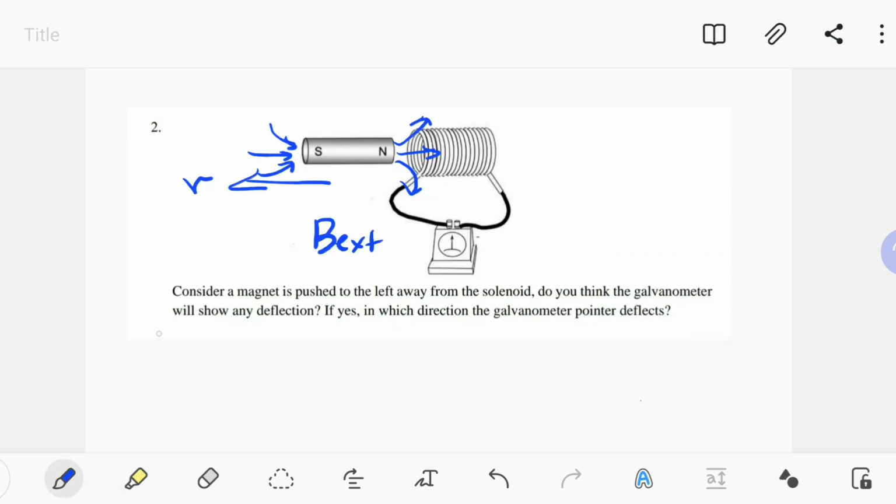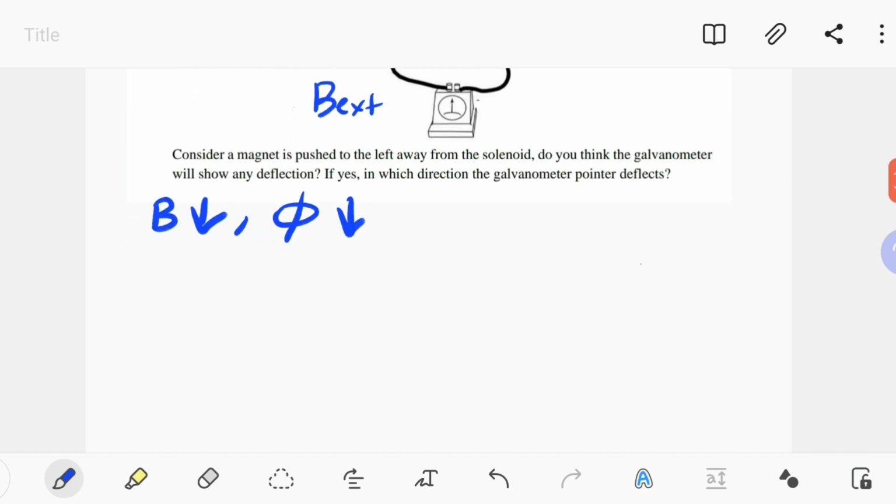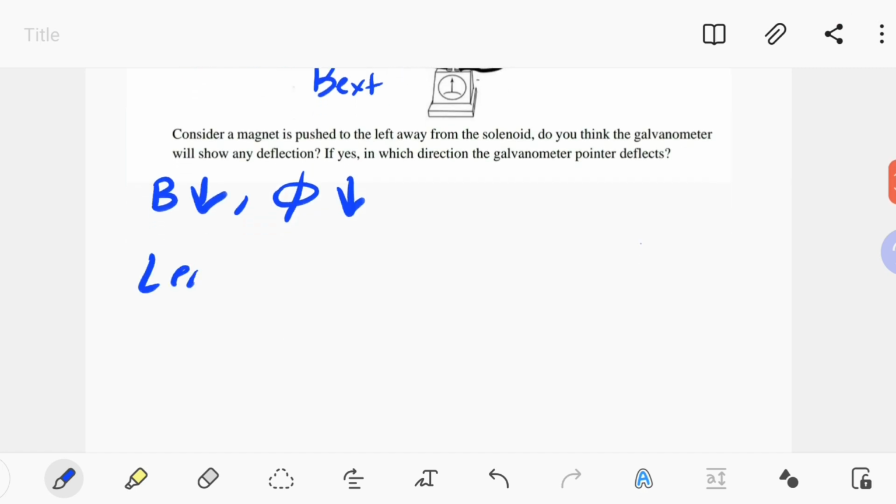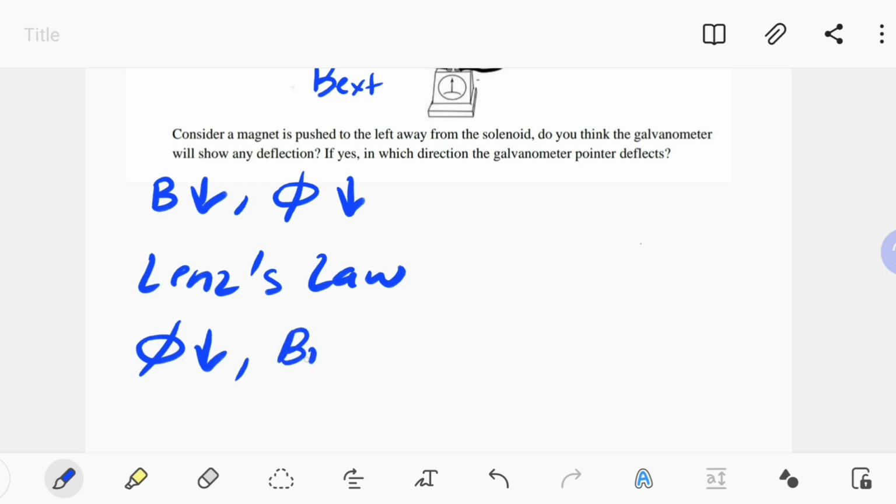So when magnetic field lines decrease, the magnetic flux phi will also decrease. Based on Lenz's law, when phi, the magnetic flux, decreases, the induced magnetic field will have the same direction as the external magnetic field.